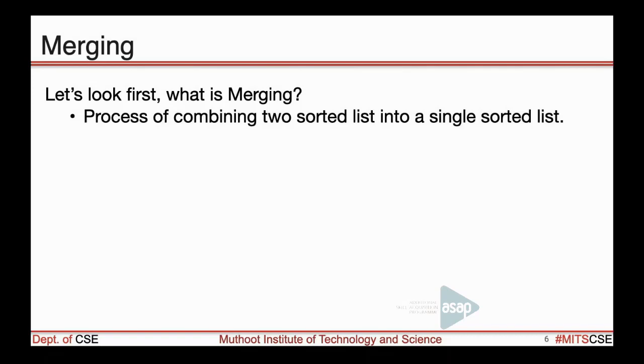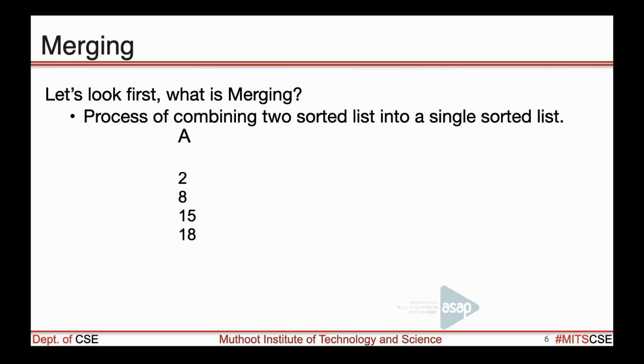Okay, so for easiness I am using the term list over here. You can use array. The process of combining two sorted arrays into a single sorted array or list, which means that I am having a basic array having 10 elements and another array having 10 elements. Both arrays are sorted. I need to combine these two to form a single sorted list.